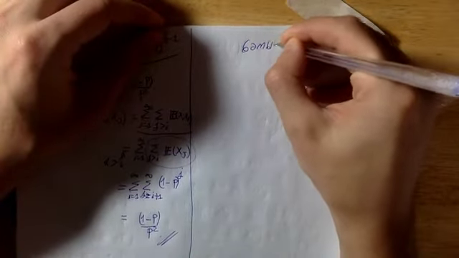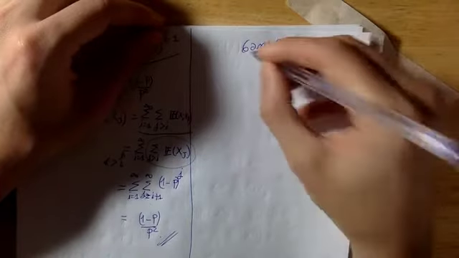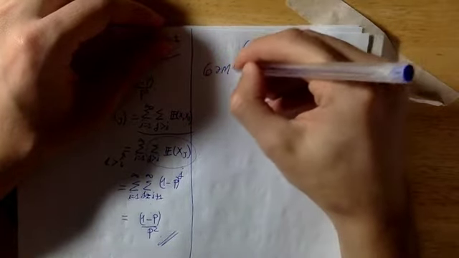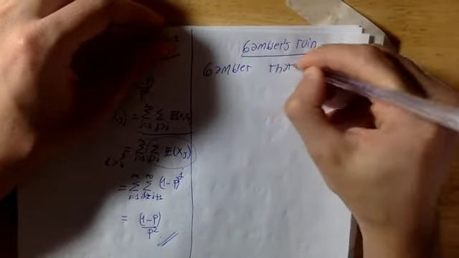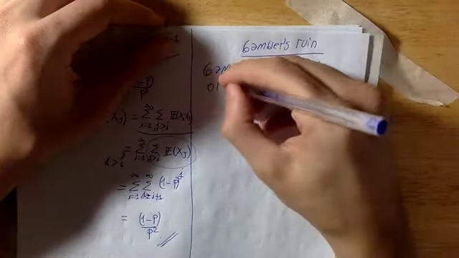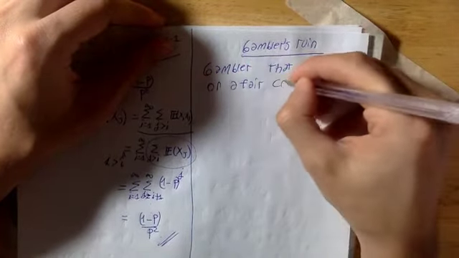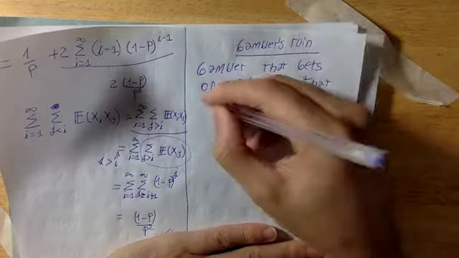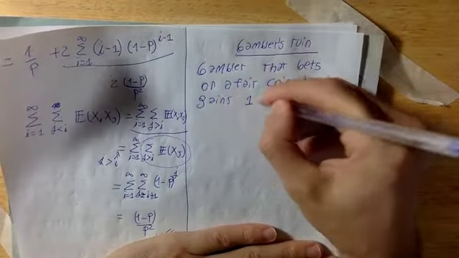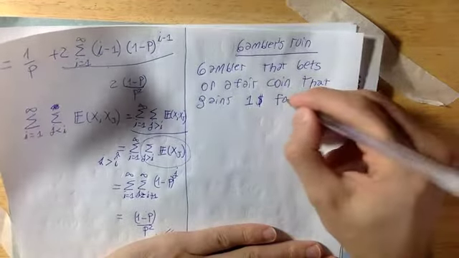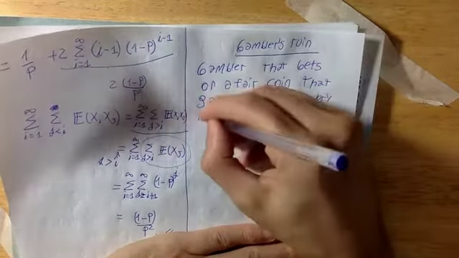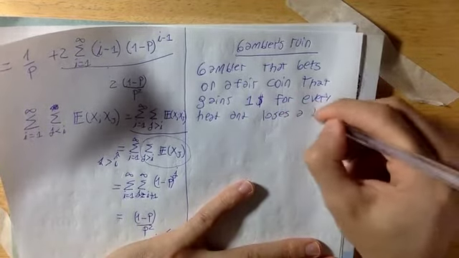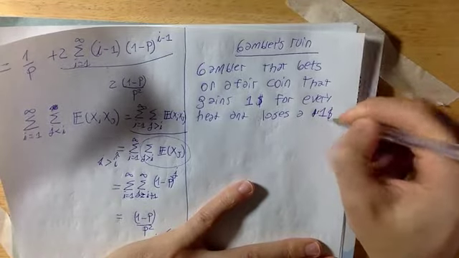So let's look again at Gambler's Ruin. Okay, so here what do we have? We have a gambler that bets on a fair coin, that gains $1 for every head and loses $1 for every tail.